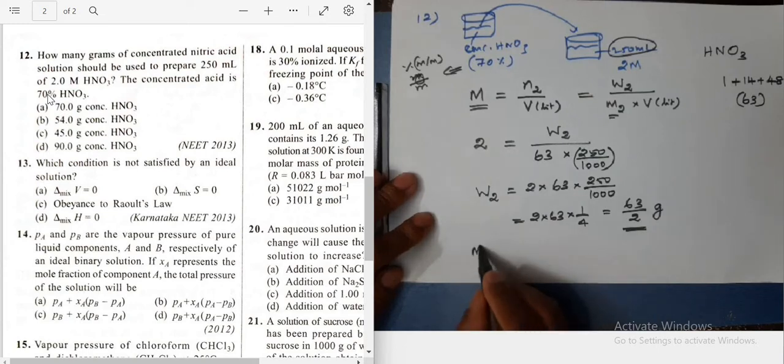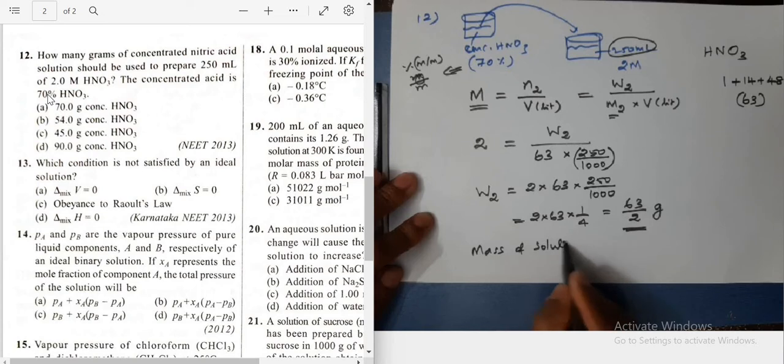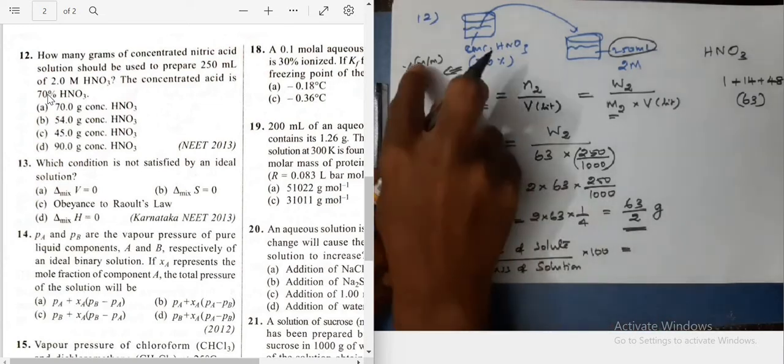Very simple. Mass of solute, here solute is nitric acid, divided by mass of solution, into 100, is nothing but the percentage mass by mass.